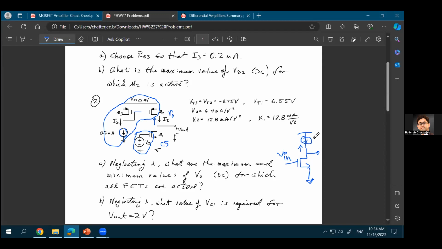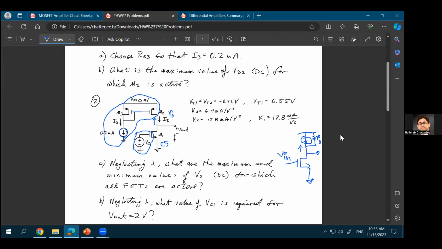Now, of course, a current source ideally has infinite resistance, but you know that everything is non-ideal in this world. So the current source will also have a parallel finite resistance, and that parallel finite resistance is equal to RO, right? That's what we have learned when we represented the transistor as a current source in saturation.